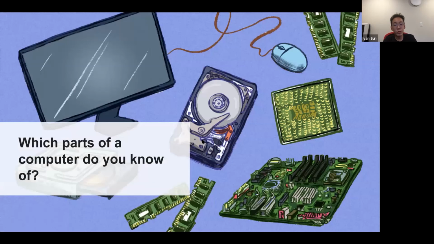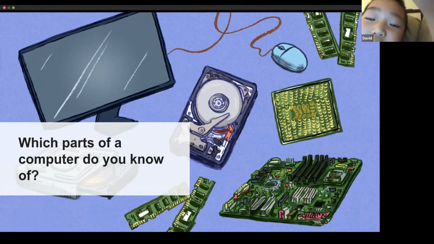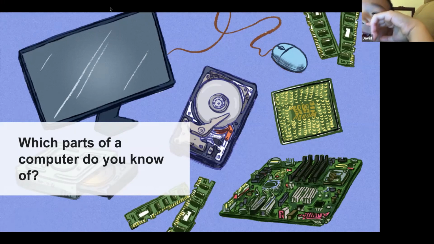Great. So which parts of a computer do you know? Hardware wise, would you like to unmute yourself and just tell us? The screen. Yeah, the display or screen, commonly known as a screen. That's a good part. Anyone else more of the hardware components?